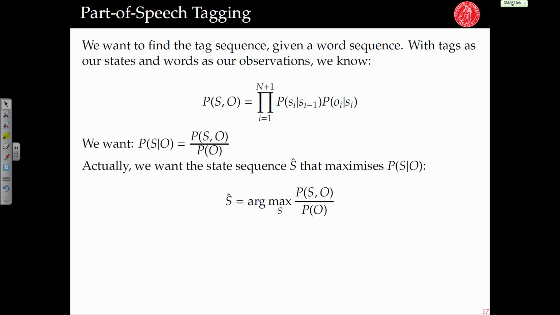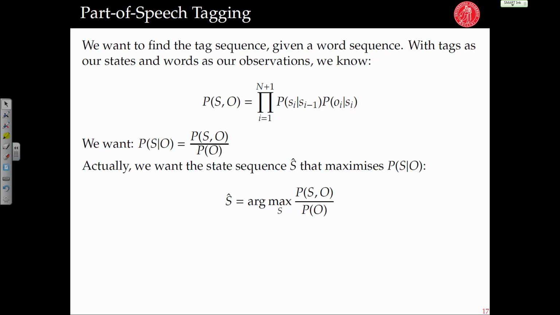Argmax is basically an operator that goes through all possible sequences, computes this value, and returns the state sequence S that maximizes the conditional probability. Since we are interested in the state sequence, not the probability itself, but which state sequence gives us the highest probability.